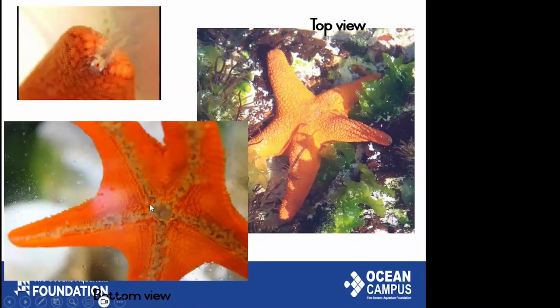So when I am usually teaching a group of students at the aquarium, I often ask them, does this animal have a head? And some would indicate that maybe on the tip of the arm is the head, or in the center is the head, but in fact this animal does not have a head at all. It does, however, have eye spots on the tip of each of the arms. So the top left image was taken under our microscope.